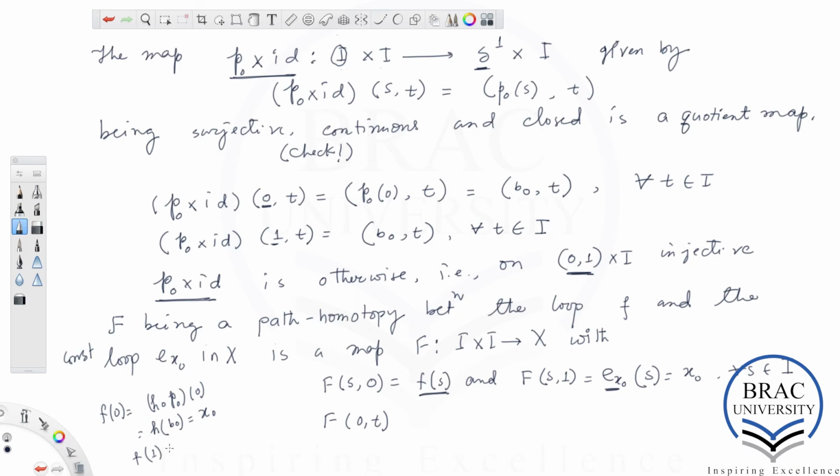And F of 1 is equal to H composed with P0 at 1, and again P0 of 1 is B0, since it is a loop in S1 starting and ending at B0. H of B0 is x0, so the initial and final point of the loop F is x0, which is the same as F of 1 comma t. Both the loops F and E sub x0 begin and end at x0, so this is what we have for all t in the unit interval. Okay.